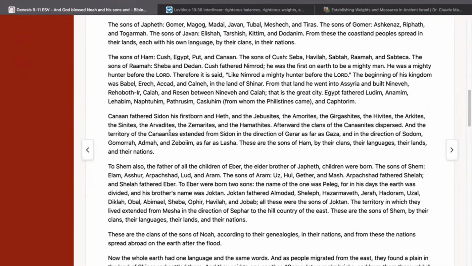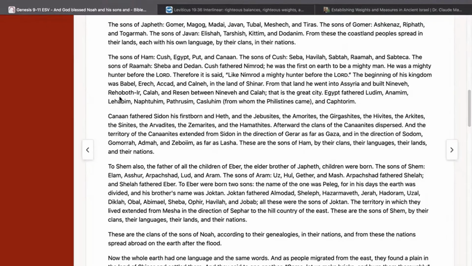Cush, Egypt, Put, and Canaan. All right, so Egypt, they end up becoming slaves in Egypt. Cush, Sheba, Havilah, Sabtah, Raamah, Sabteca, Sheba, Dedan. Cush fathered Nimrod.